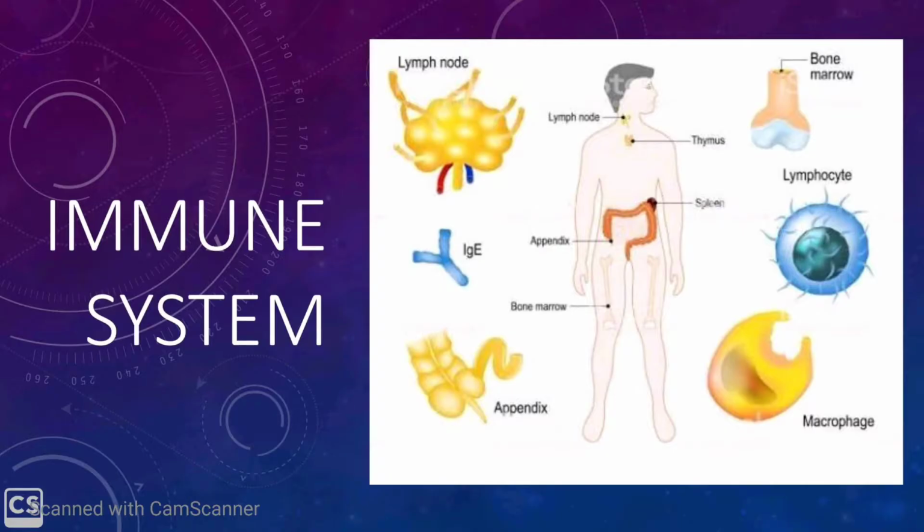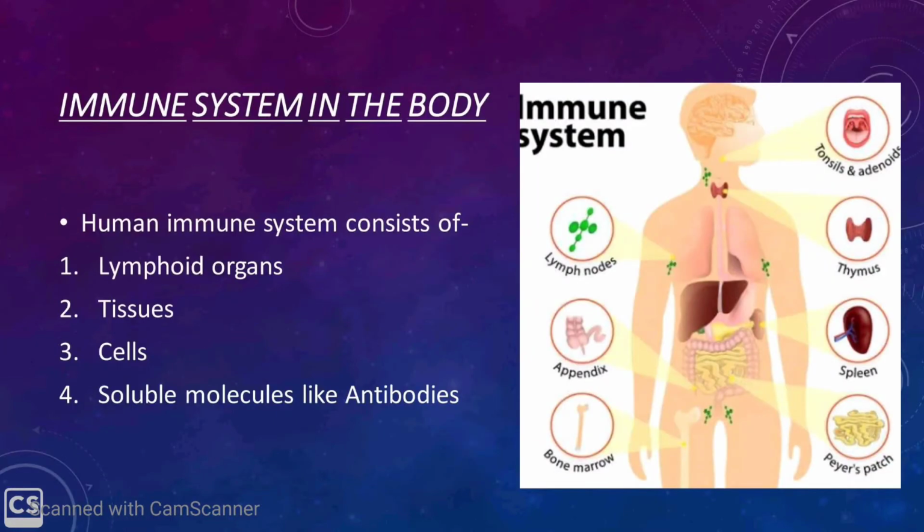Immune system of our body. The human immune system consists of various parts: lymph nodes, antibodies, appendix, macrophages, lymphocytes, spleen, thymus, bone marrow. It consists of lymphoid organs, tissues, cells, and soluble molecules like antibodies.